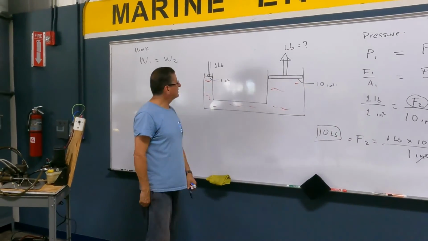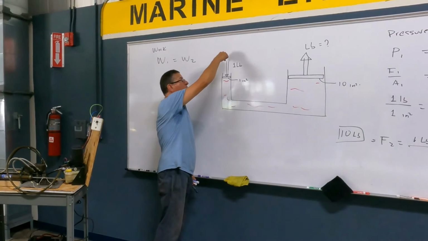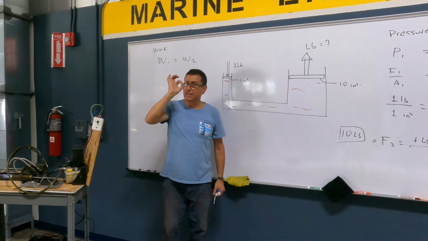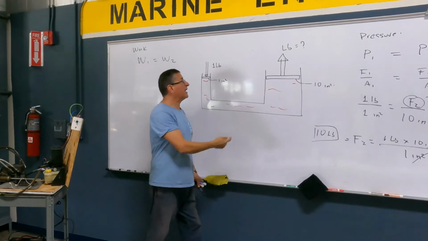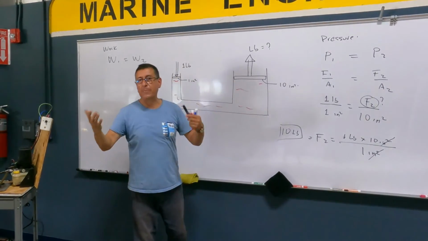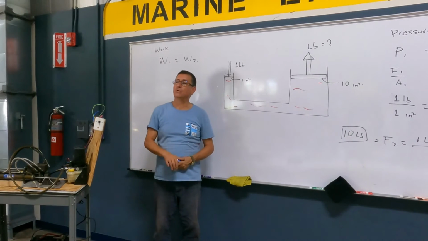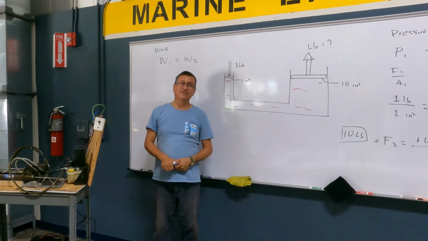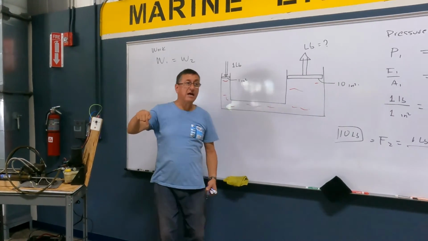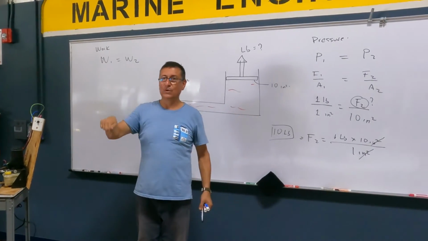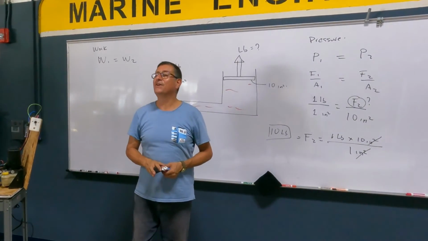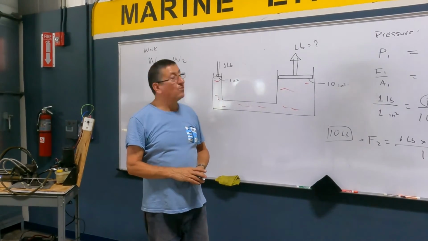Okay, look at this. I apply 1 pound in a cylinder of 1 square inch and I produce a force of 10 pounds. I multiply by 10 in this example. Wow, it is a lot, no? With 1 pound here, I lift 10. It's incredible, no?